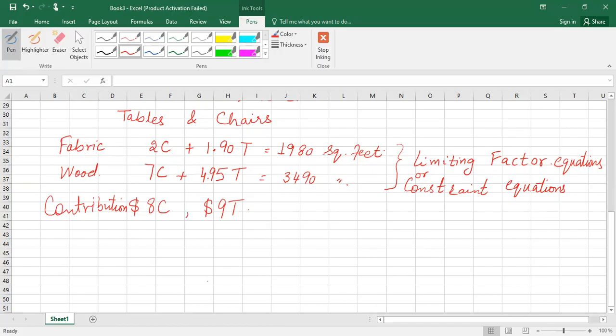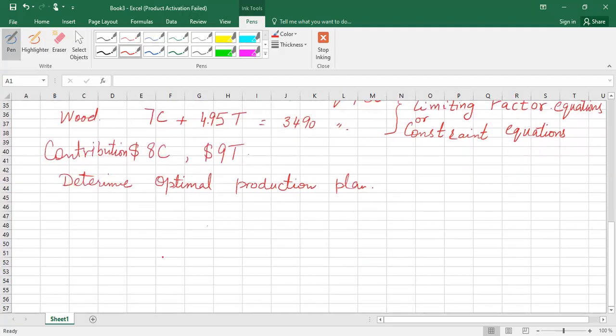Now we were expected to calculate the optimal production plan. What would be step number one?